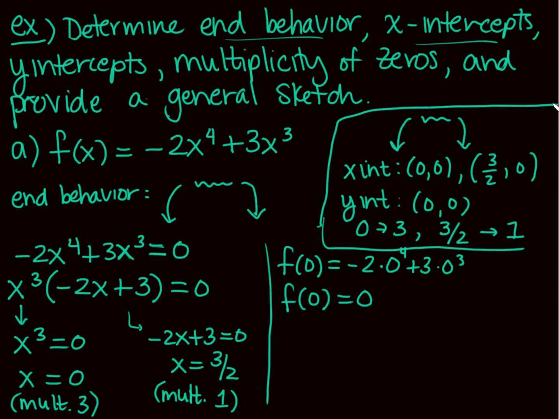So this can be kind of tricky to do sometimes. If you do want to do this without a graphing calculator, what you can do is look at your x-axis and break it up into intervals. Like I would look at between 0 and 3 halves, and I would determine if I'm positive or negative, meaning am I above the x-axis or below the x-axis.